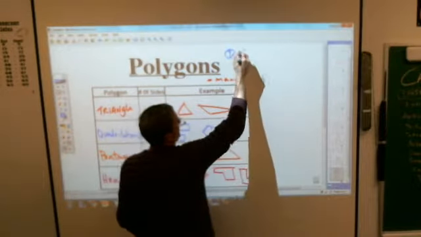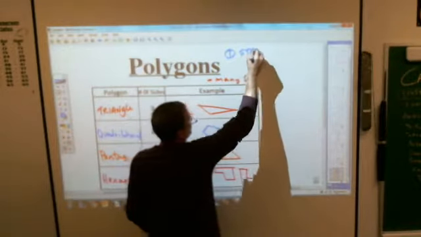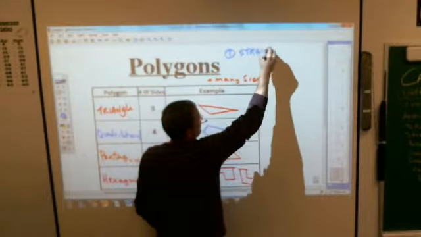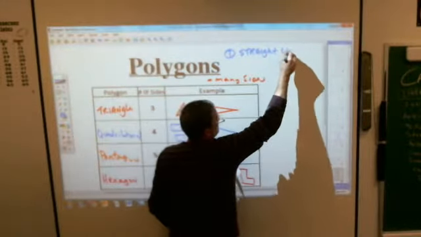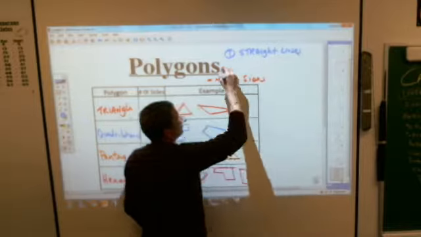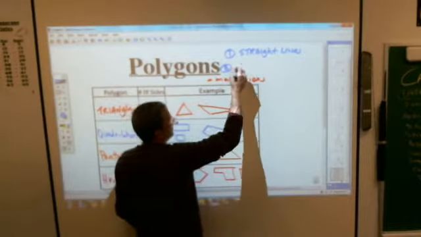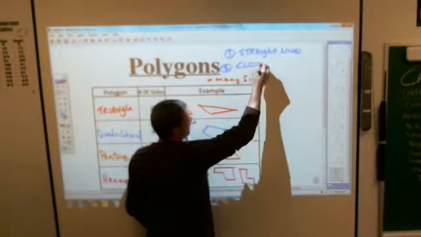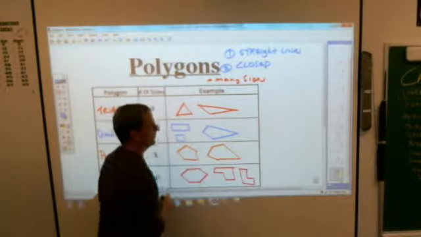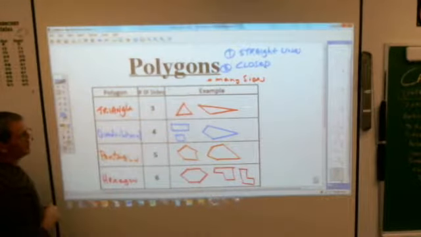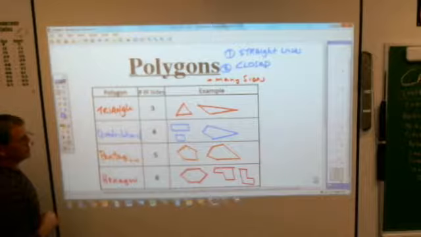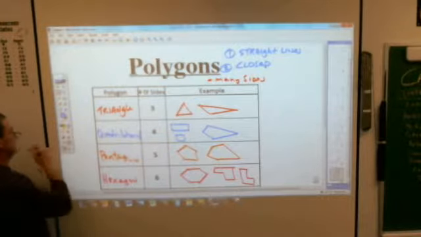Number 1, it has to be made of straight lines, no curves. And number 2, a polygon has to be what we call closed. And I'll talk about that just shortly here. Let me write that down. It has to be straight lines and closed.